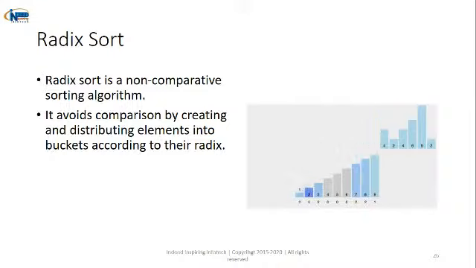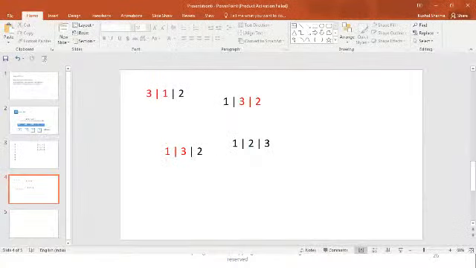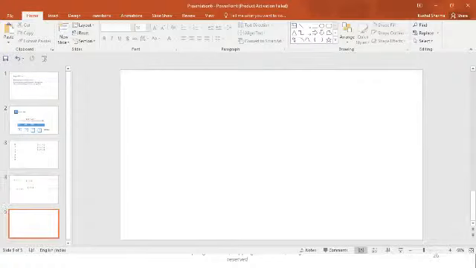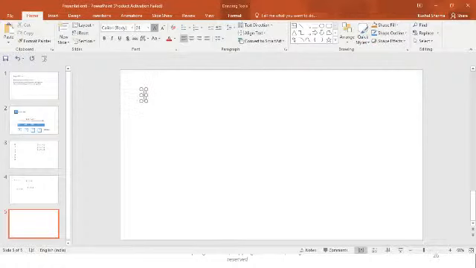Let me explain how Radix Sort works. Here I'm taking numbers: the first number is 8, the second number is 80, and the third number is 800.